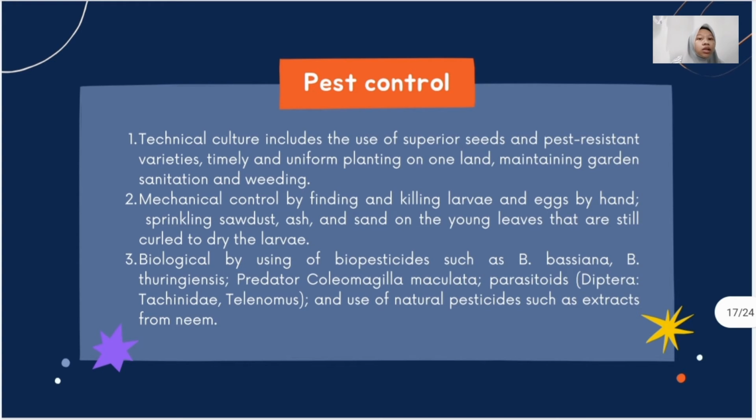Third, biological control using biopesticides such as Bacillus thuringiensis, the predator Coleomegilla maculata, parasitoids such as Diptera Tachinidae and Telenomus, and natural pesticides such as neem extract.